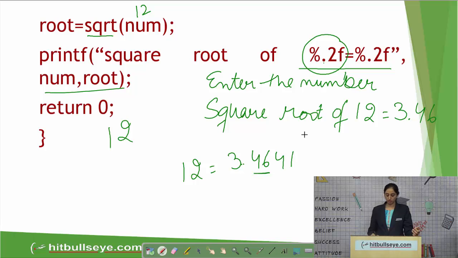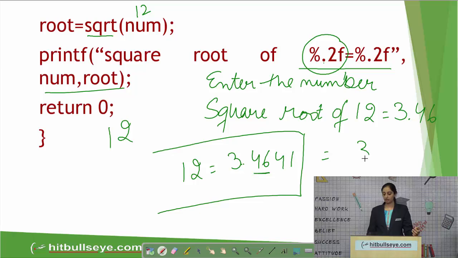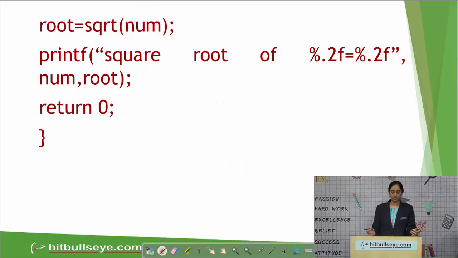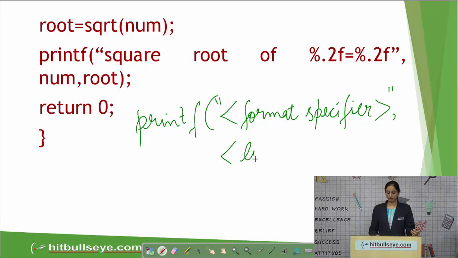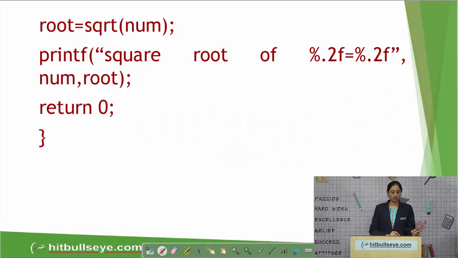So the output screen shows the square root of 12 is 3.46. Basically, the basic structure of printf is printf, format specifiers, and list of variables. Here in this, the number contains 12 and the root contains the square root of 12, that is 3.46.